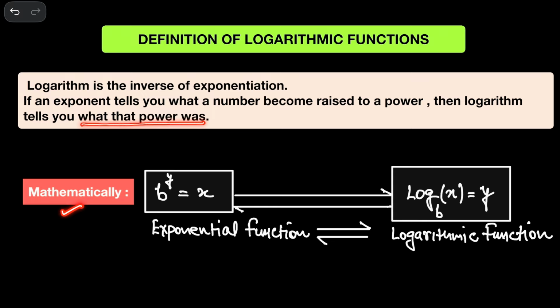Mathematically, suppose I write b with the power y equals x, and this is your exponential function. If we convert this function to a logarithmic function, I get log of x with base b equals y. So here we have converted an exponential function to a logarithmic function, right?